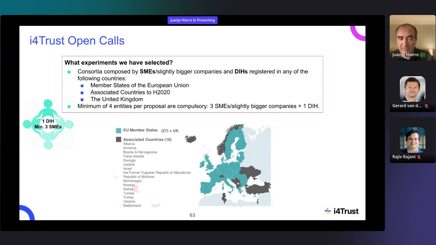As I mentioned, a number of open calls have been used to select pioneer use cases using the i4Trust framework. There is a consortium behind all those experiments, involving SMEs and DIHs.